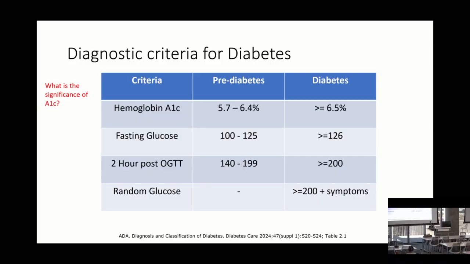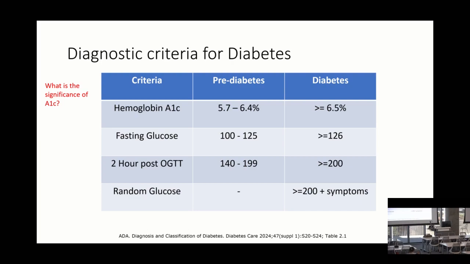Okay? And then finally, random glucose. So there's no random glucose criteria for pre-diabetes, but for diabetes, if it's more than or equal to 200 with symptoms, then that is diagnostic. So if a patient comes in the hospital with symptoms of hyperglycemia, and their glucose is 250, that is diagnostic.